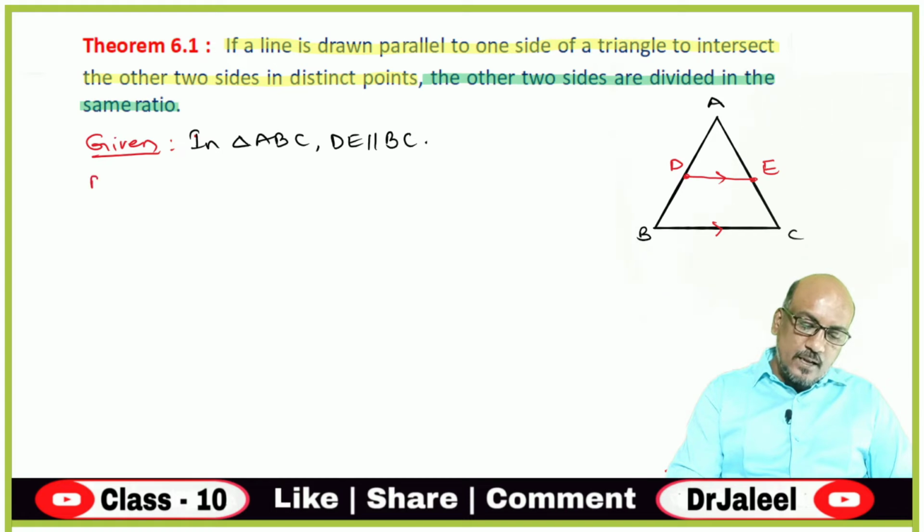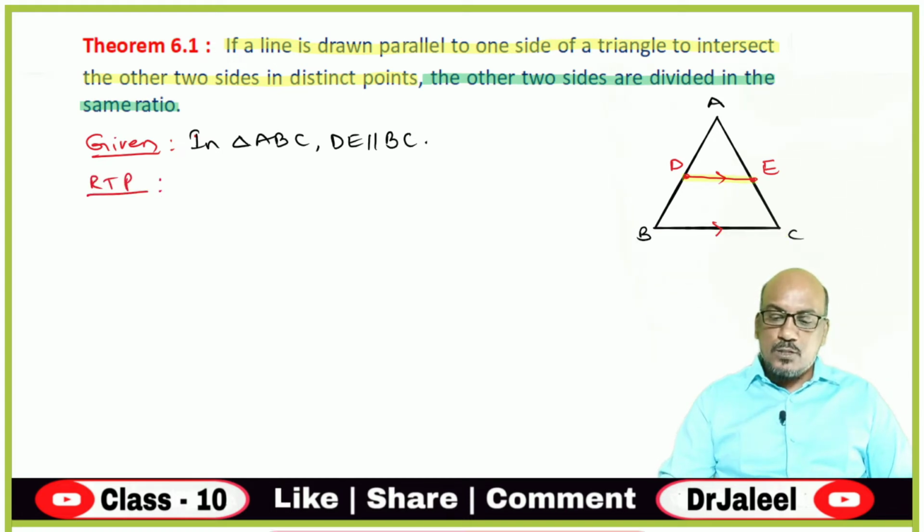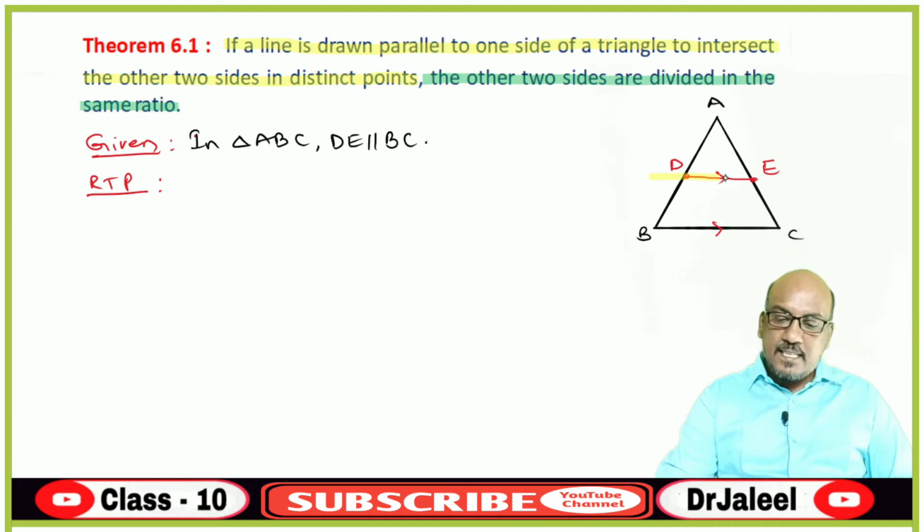Now let us go for RTP, second part of the theorem, right? What is RTP? This DE is dividing other two sides. Which two sides is it dividing? It's dividing AB and also AC. Now we have to prove that it is dividing both the sides in the equal ratio.